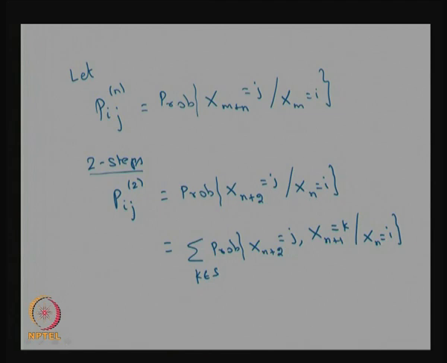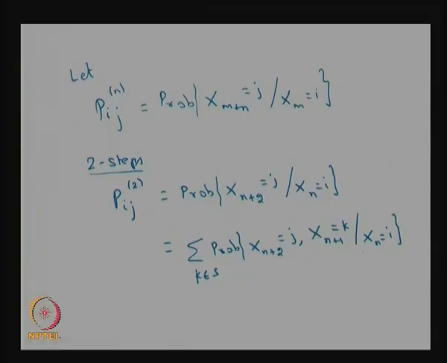I can write this 2-step conditional probability mass function from the nth step to the (n+2)th step as including one more possible state k in the (n+1)th step. Now, I can expand this.